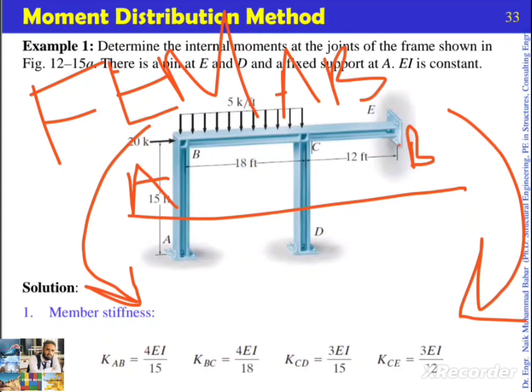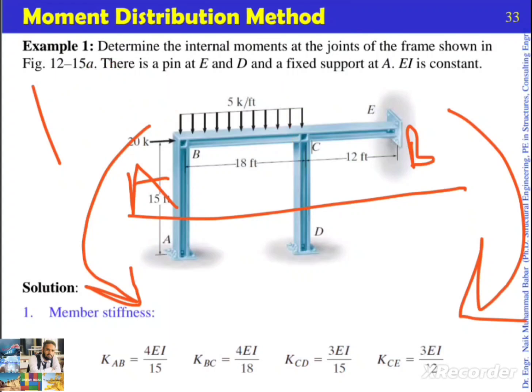In this, no vertical load is applied, so the fixed end moment for AB and BA will be equal to 0. Remember this, there is no external force on the AB span, so the fixed end moments for AB and BA will be equal to 0.